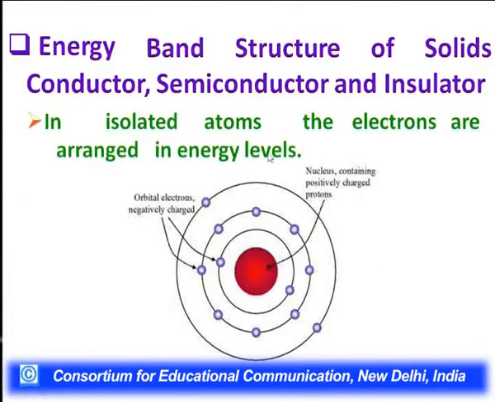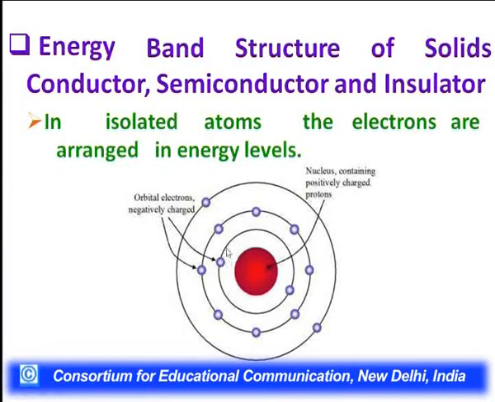Now here we look at the concept of energy band structure of solids, in which we define the conductor, semiconductor and insulator. In an isolated atom, if we consider an atomic structure, the electrons are arranged in energy levels. This is the nucleus containing the positively charged protons, and these levels surrounding the nucleus are represented by the orbits, and these orbits have the electrons, and all the levels are filled levels.